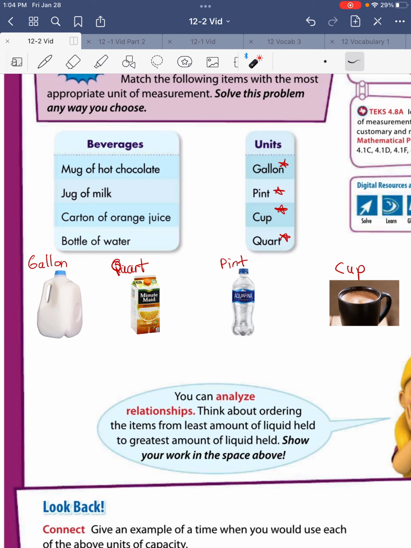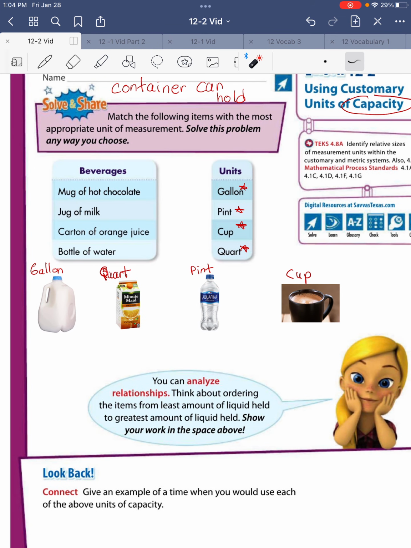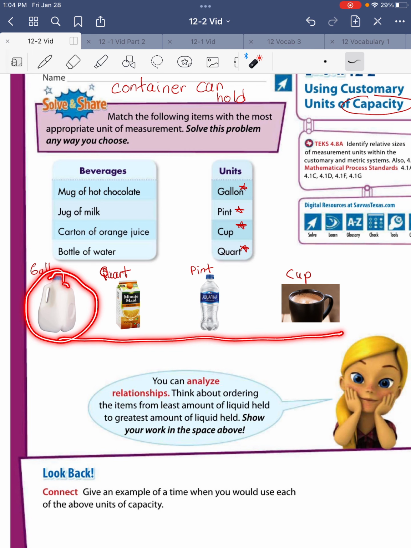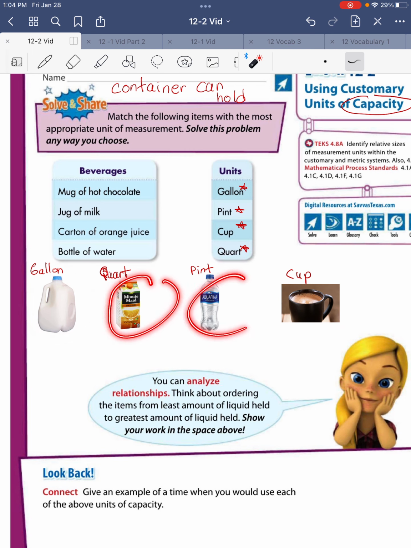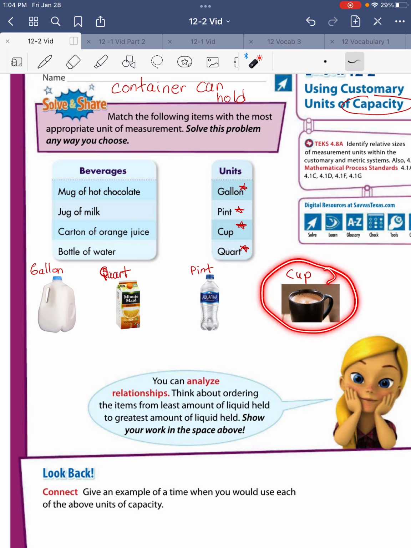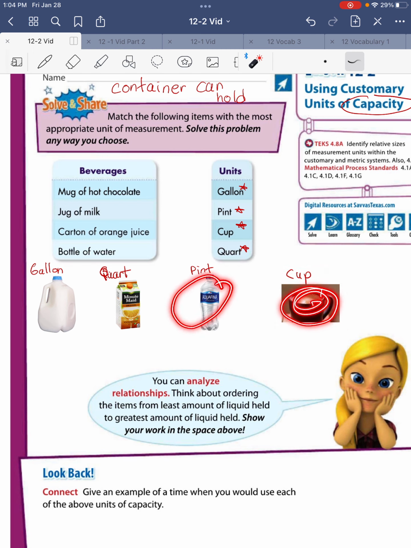So now if we take the time to look at this, we'll notice that a gallon is the biggest one, okay? And if you look here, you compare them, you can see this has more liquid than all of these, okay? The smallest one is a cup, okay? And as you can see, the cup has less liquid inside of it than the water, the orange juice, and the milk, okay?